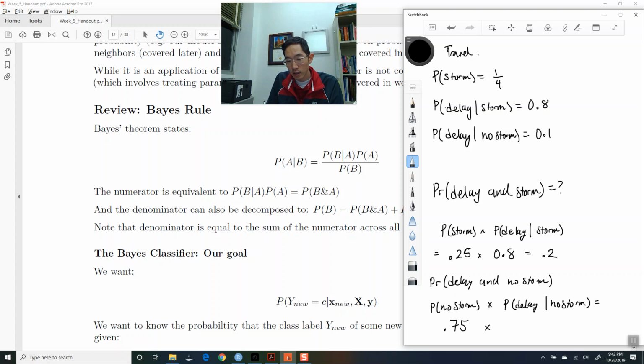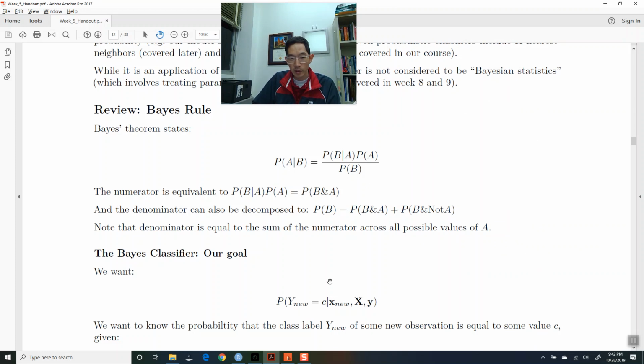And then for us to be delayed with no storm, we still have to experience this delay, which happens only about 10% of the time. So we have a 7.5% probability that there's a delay even though there's no storm. And we can do that by just multiplying these out, right?